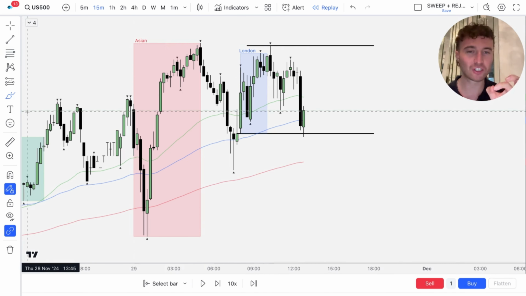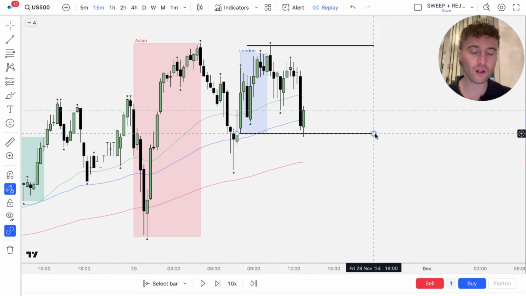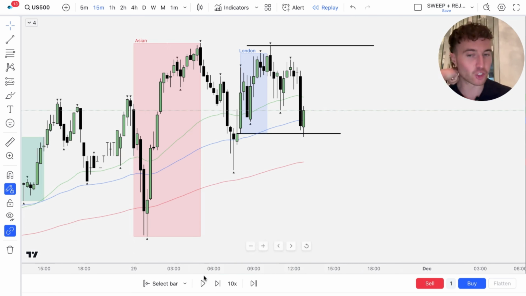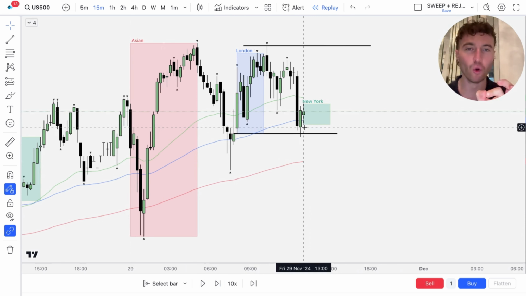Now we're looking to spot the manipulation of this range, because we know that there's liquidity resting below the London session low. You can see we are now entering into the New York kill zone, which from a UK perspective is 1 p.m. UK time. From 1 p.m., we can start looking at the charts.